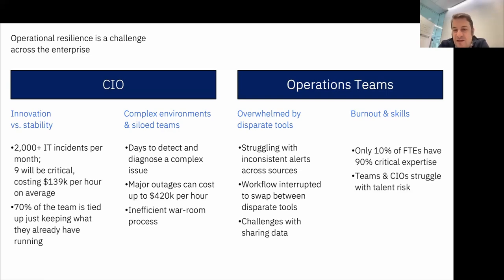Conversely, if we look at it from the perspective of the operations team, they may be struggling with this from a different perspective. They've got alerts coming from different sources. They may have alerts that were based on assumptions and workload patterns that were perhaps true 10, 15 years ago, but are not appropriate for the workload today.